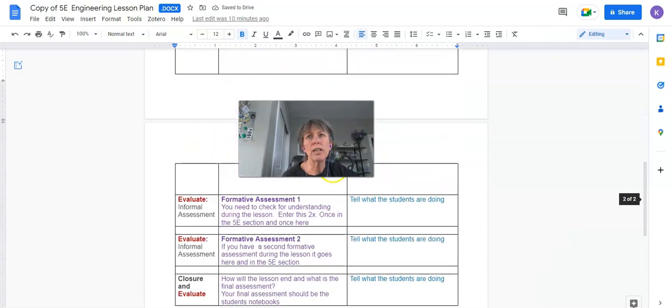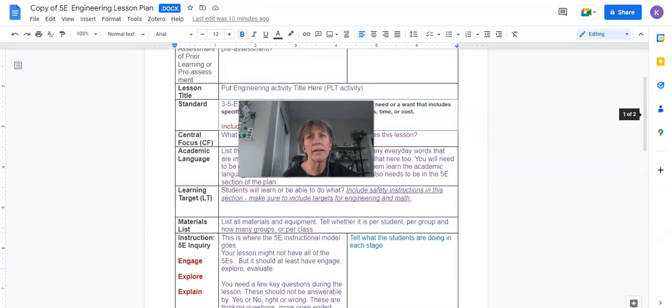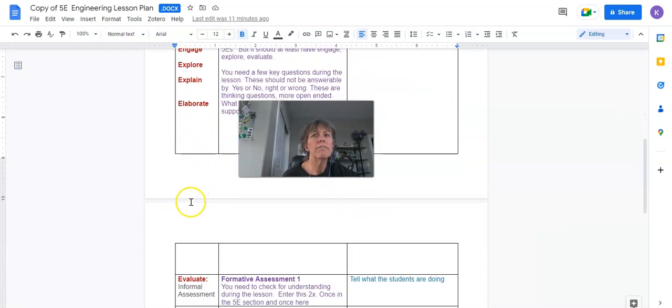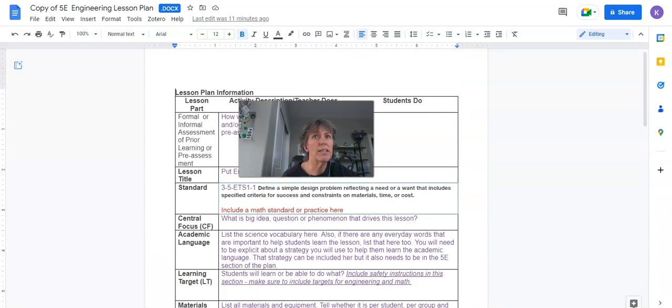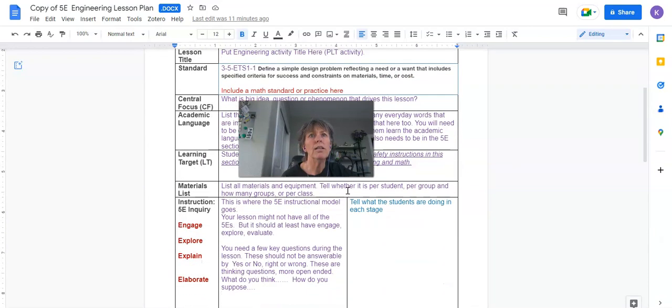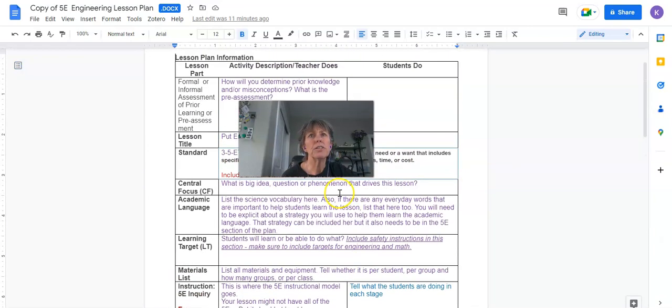Just take a look at this lesson plan. As you can see, you're going to need to identify the 5 E's in your own activity. So be thinking about that as you think about planning your notebook page and your standards. This will be what we complete and turn in for your final for week 11. That's it for week 10.